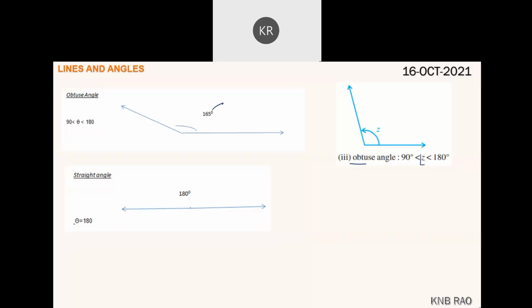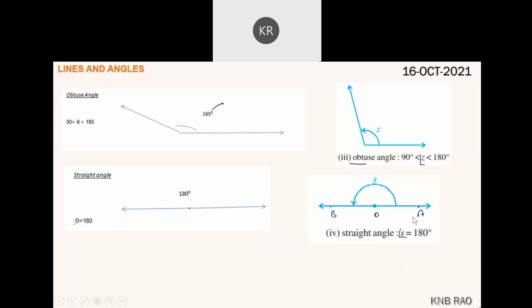If two rays OA and OB form a straight line like line AB, this is a straight angle. So here angle S is a straight angle of 180 degrees.